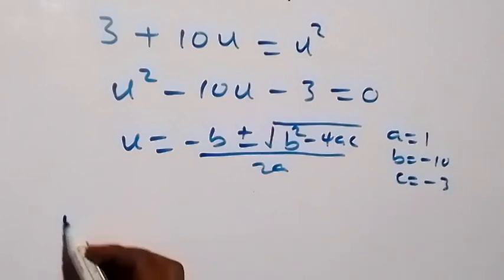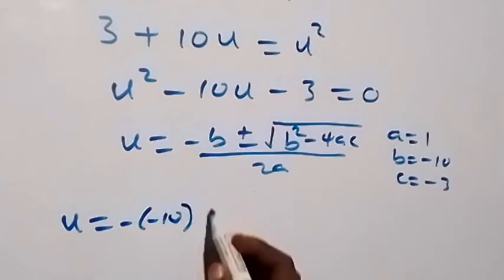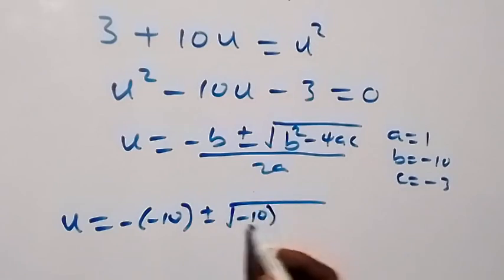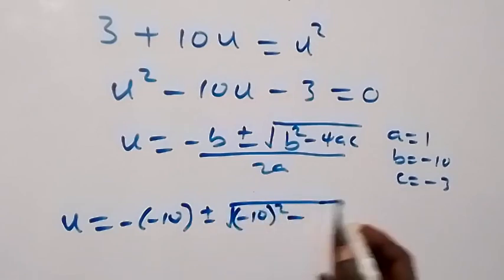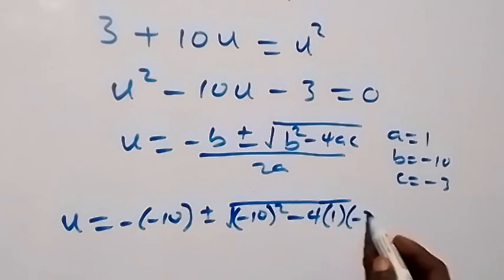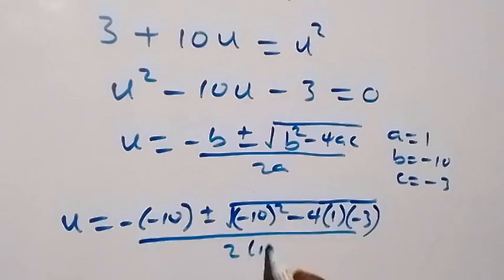And here this becomes u equals minus minus 10 plus or minus square root of minus 10 squared, then minus 4 times 1 times minus 3, all over 2 times 1.